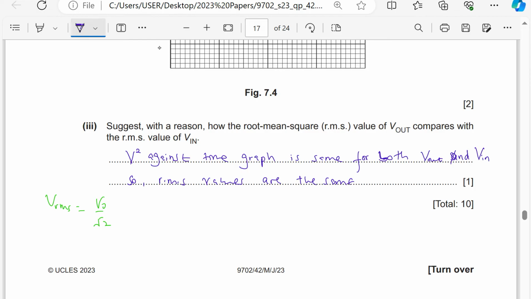Alternatively, you can look at the graph of power, and you notice that power does not depend on the sign of V. So it gives the same root mean square values, because power does not depend on the sign of V.